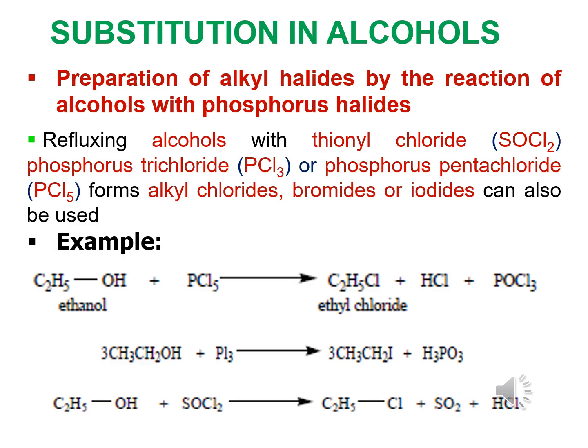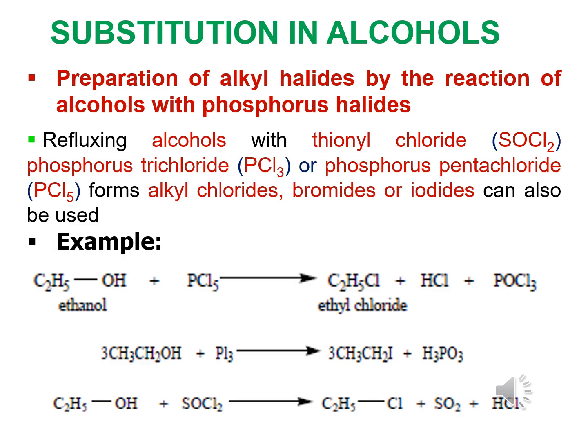Now, if the product I'm expecting is alkyl bromide or bromoalkane, then the reagent I'm going to use is going to be phosphorus pentabromide or phosphorus tribromide. So what I'm forming will determine the phosphorus halide I'm going to employ.